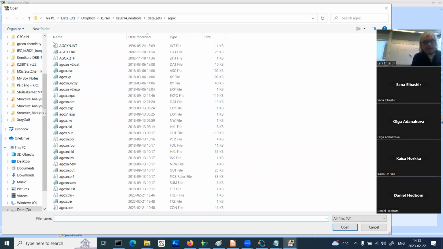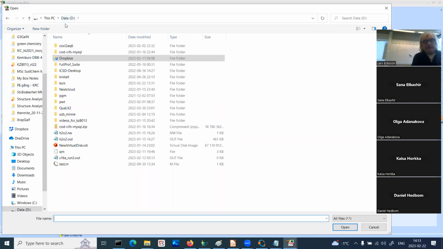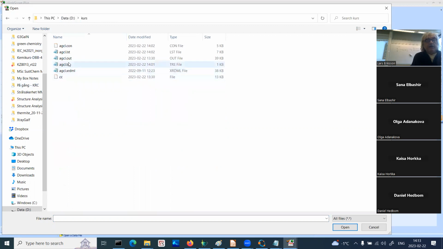And where are our files? We need to remember where we did download them. I did create a directory called Kush, and here they are. This XRDML is the out file from the differential.